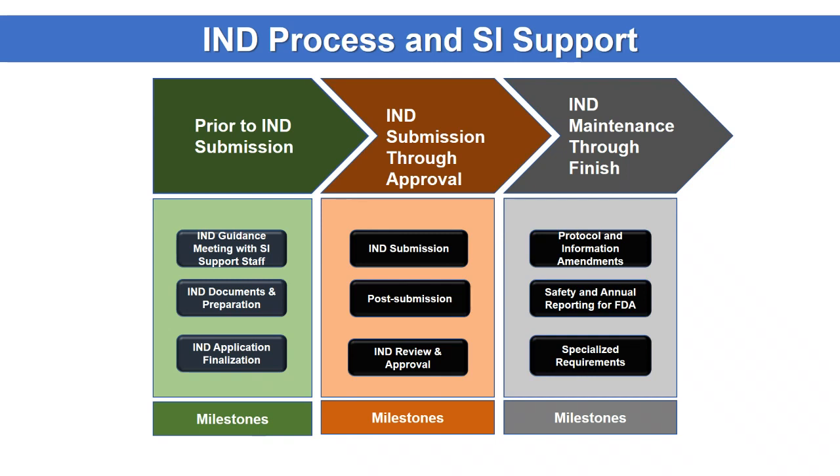The first phase is from study planning to IND preparation. The second phase extends from IND submission to IND approval. And the third phase runs after IND approval, during the course of the study until its conclusion.